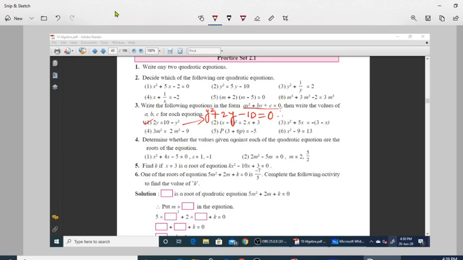Actually, a is the coefficient of the first term, b is the coefficient of the second term, c is the coefficient of the third term. So our first term is y squared, so there is no number, so I can consider 1.